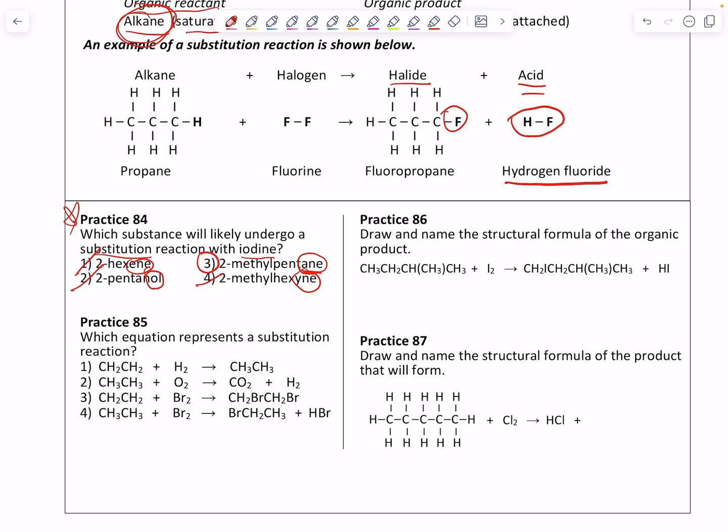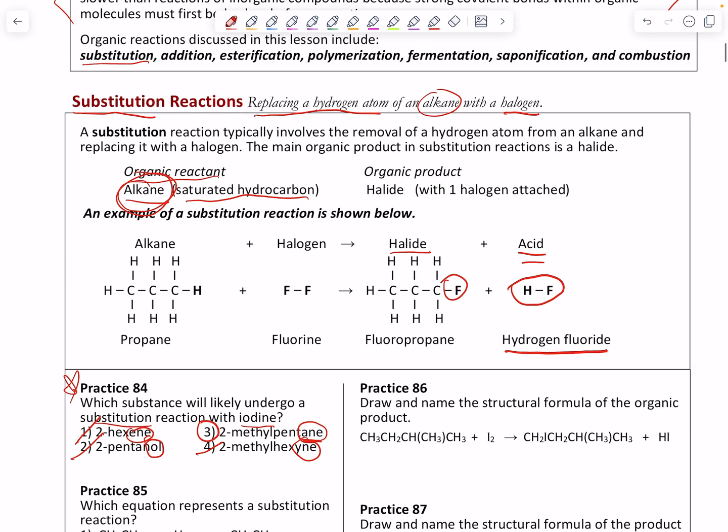So practice 85, which equation represents a substitution reaction? So again, on something like this, really we just got to remember this pattern. So we're going to have an alkane reacting with a halogen, and in our products are going to be a halide or a halogenoalkane and an acid. So it's hydrogen paired up with whatever the other halogen was.